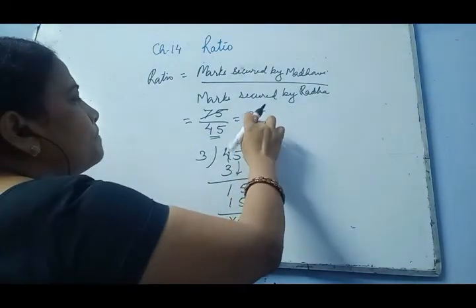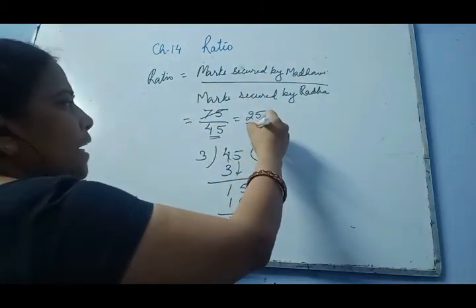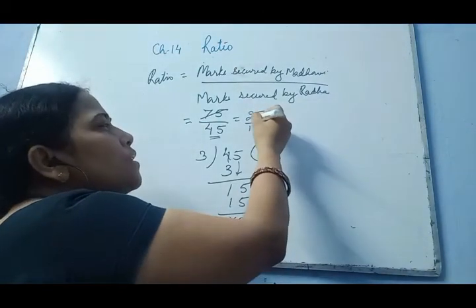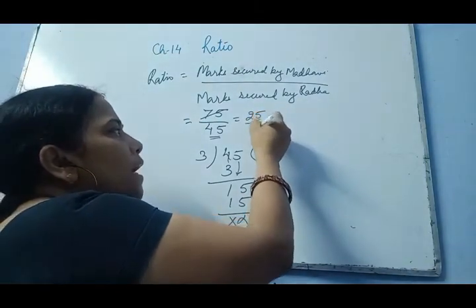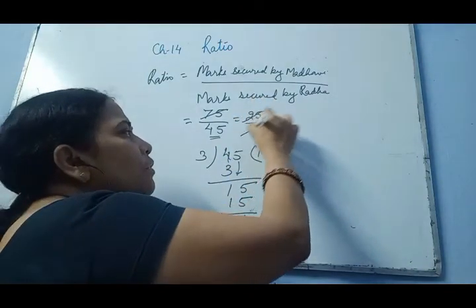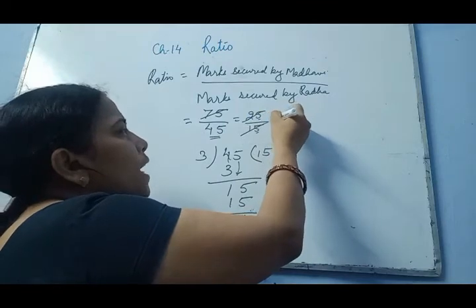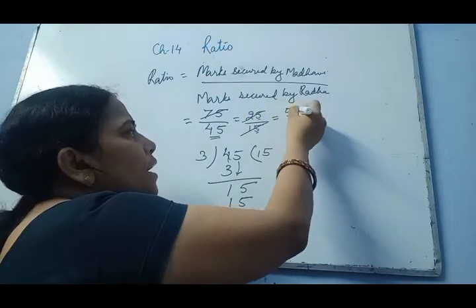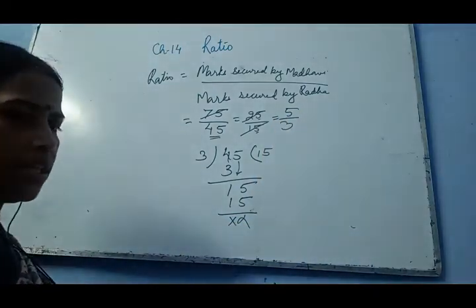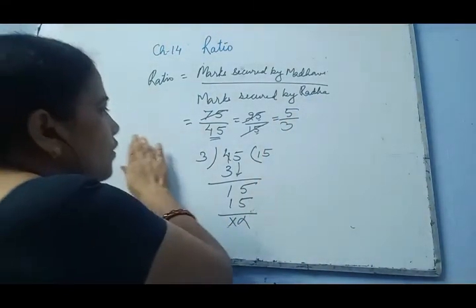So now can it be further divided? Let us check. These numbers have 5 at the end, so they can be divided by 5. How many times? 5 5s are 25. 5 3s are 15. So what do we find? The ratio.